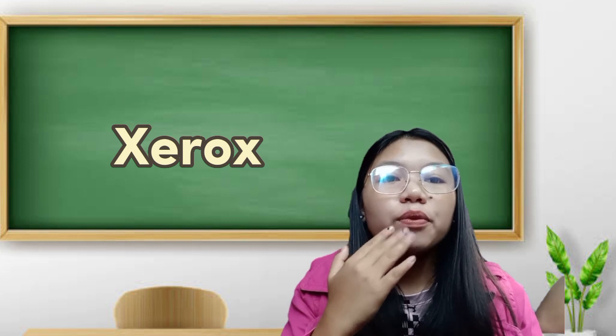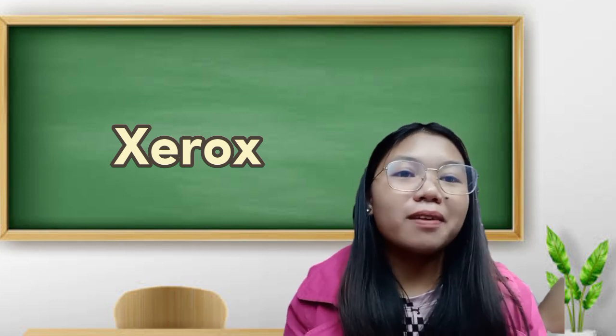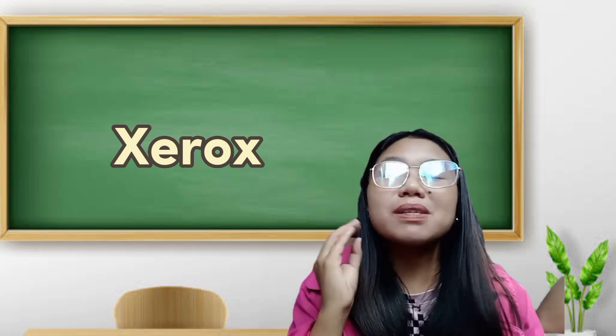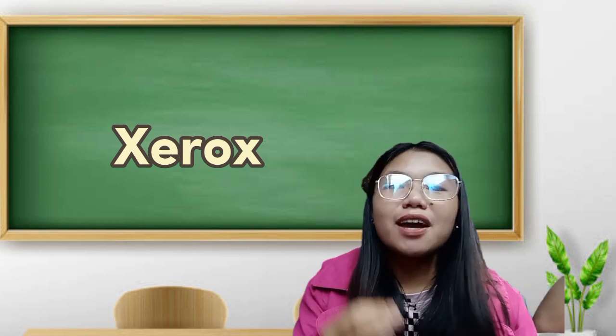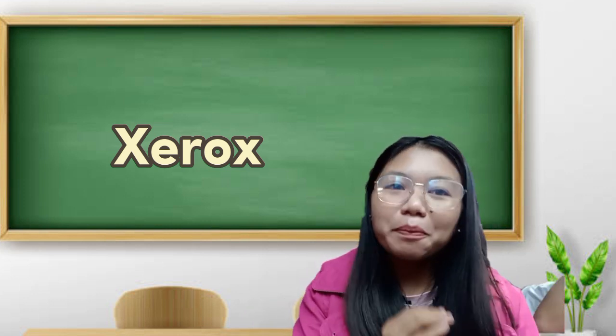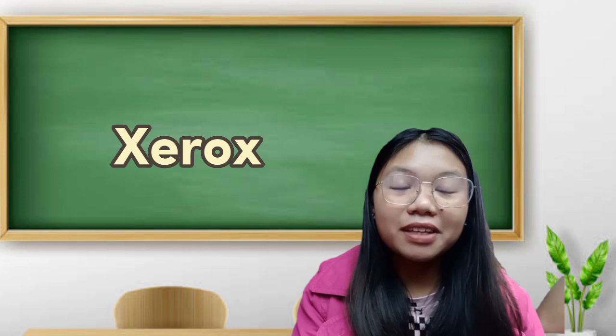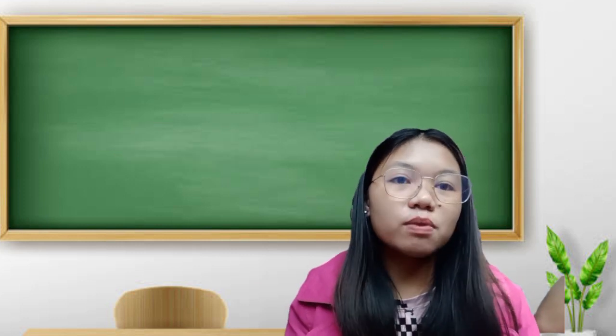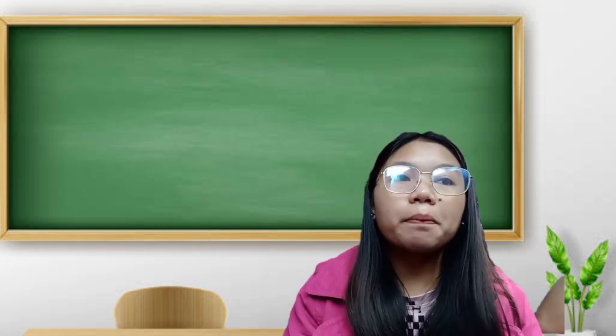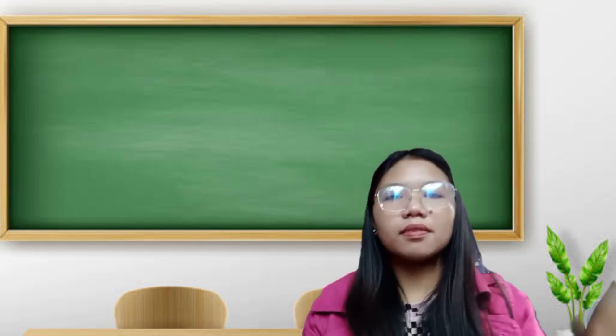We can hear these words from our grandparents, like they will tell you, pa-Xerox ni. But actually, the word Xerox is a corporation. It is the name of the company whose services we use, which is photocopy and printers.